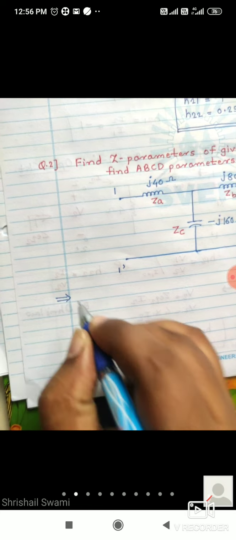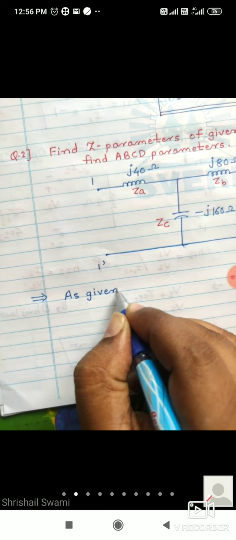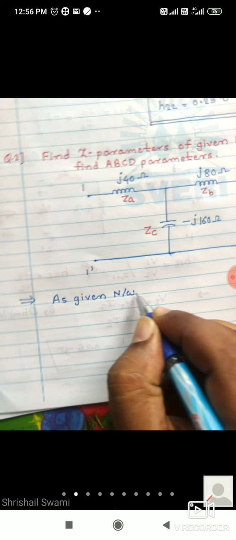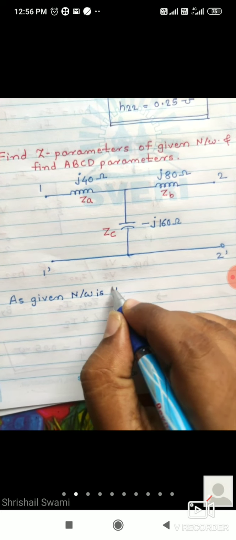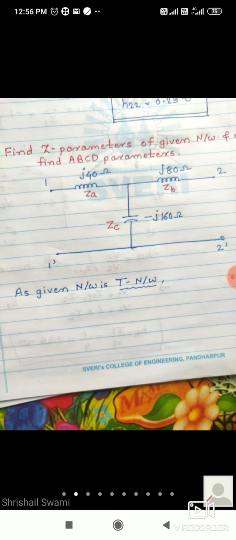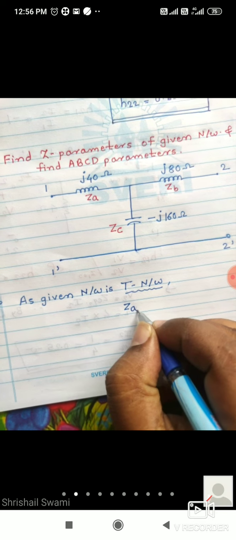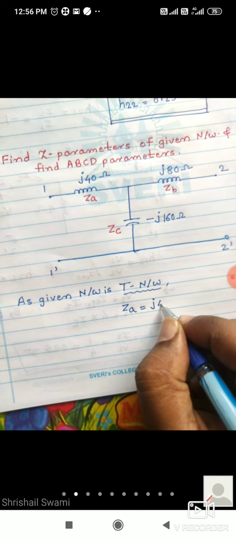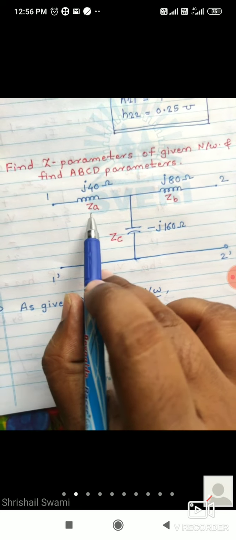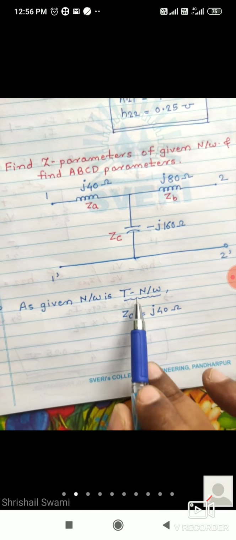Okay, so you can start directly as given network is T network. So ZA is equal to J40 ohm. These are called as elements. ZA, ZB, ZC are called as what? Elements of T network.